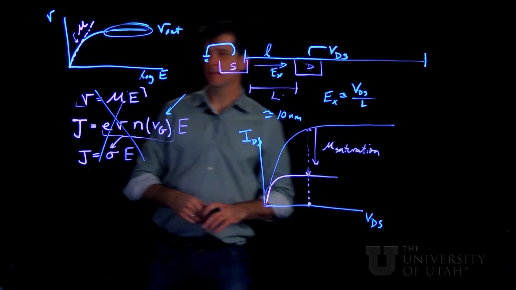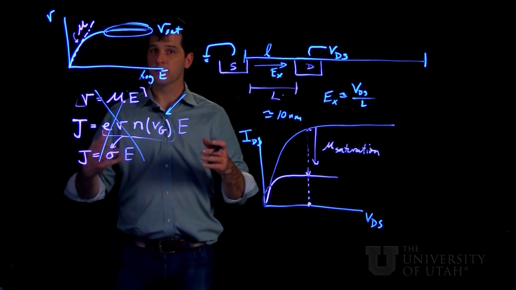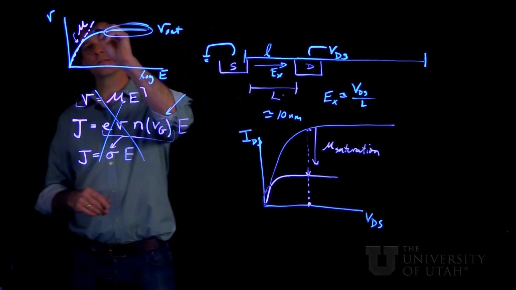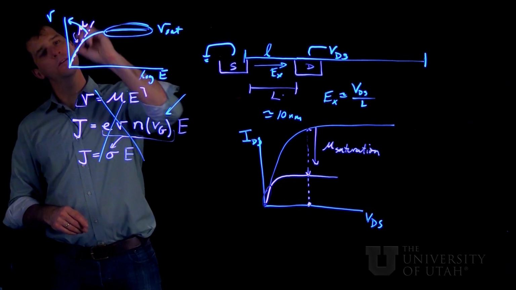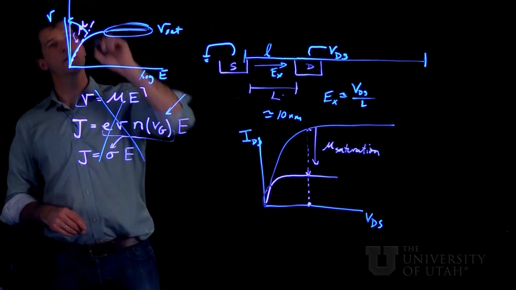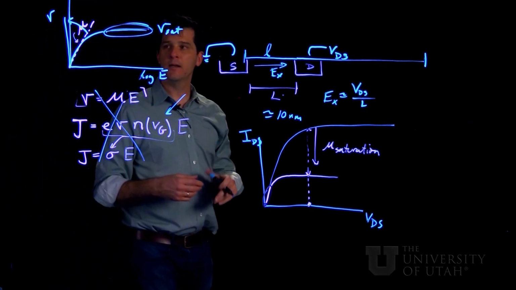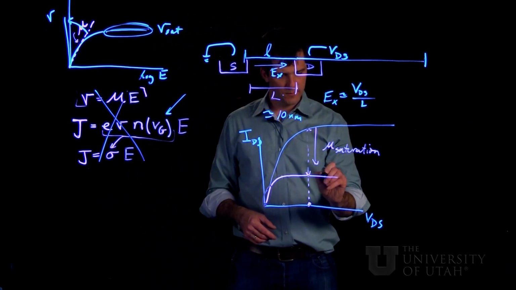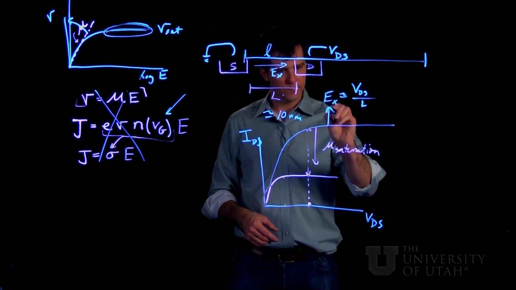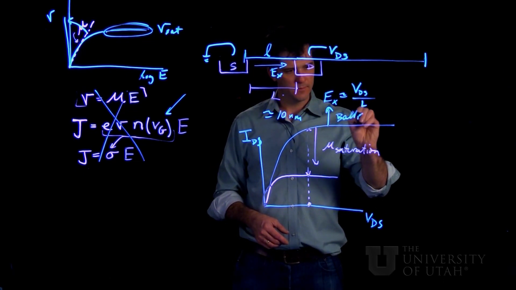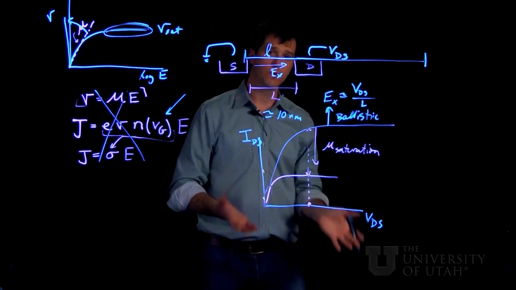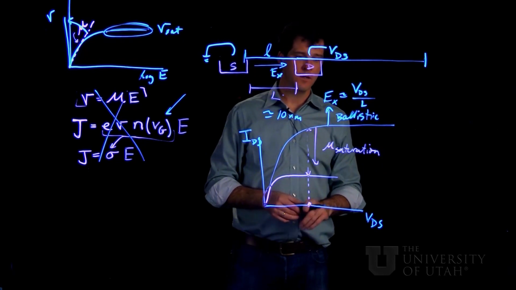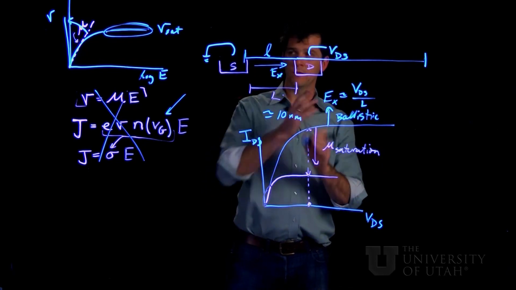So in essence, the ballistic transport means almost zero resistance. So we'll tend to actually shift the mobility higher and higher here. And that would mean that the effect of ballistic transport would be to raise the current for any given voltage.